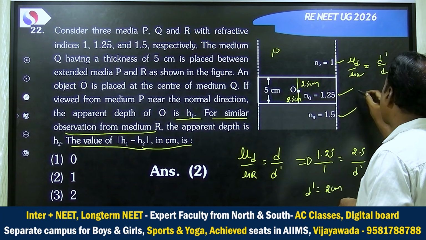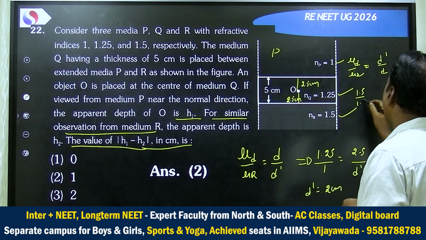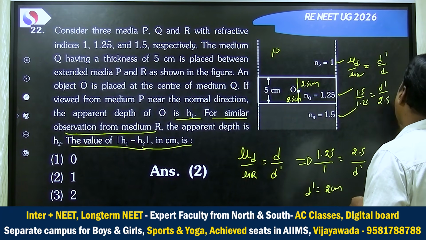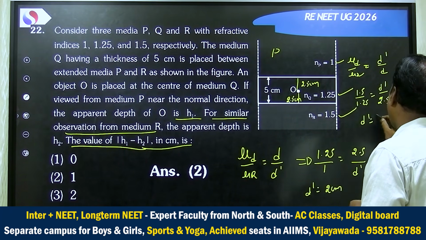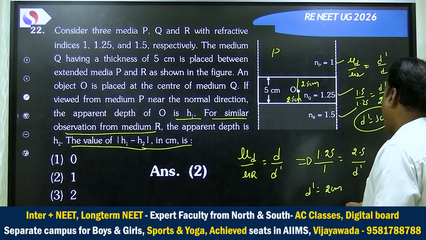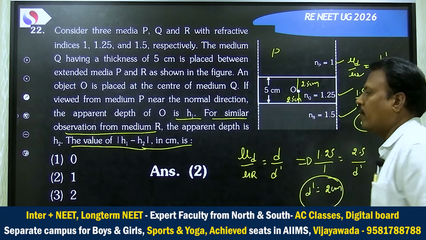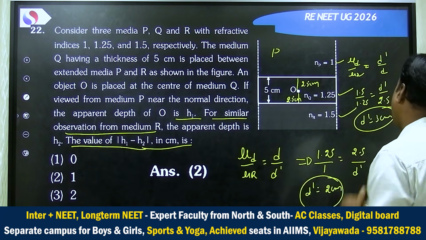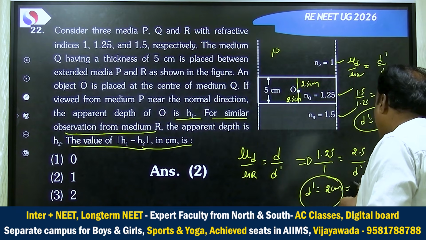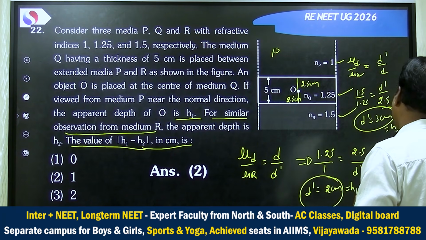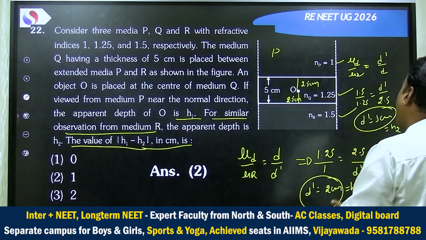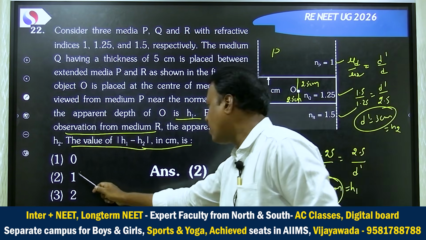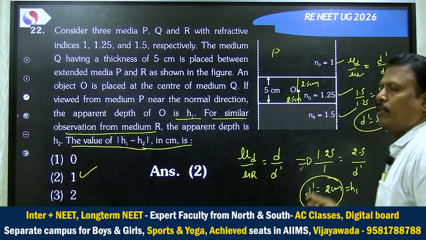So out of these two, denser is 1.5, rarer 1.25, D dash we should find, D is as usual 2.5. Cancel, do the needful to get D dash equal to 3 centimeter. So for our sake we are taking D dash, but in this problem it is H1, this is H2. What is the difference? We will get the difference in the magnitudes as 1 unit only, that is option 2. Okay, next one.